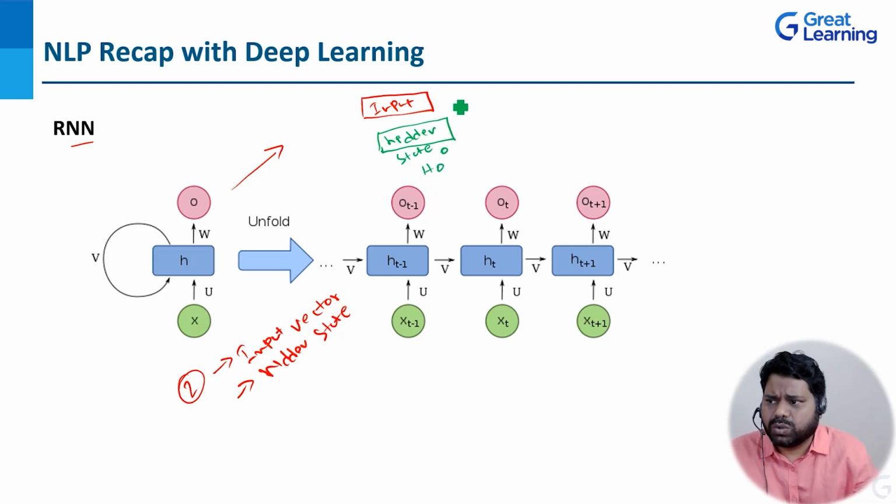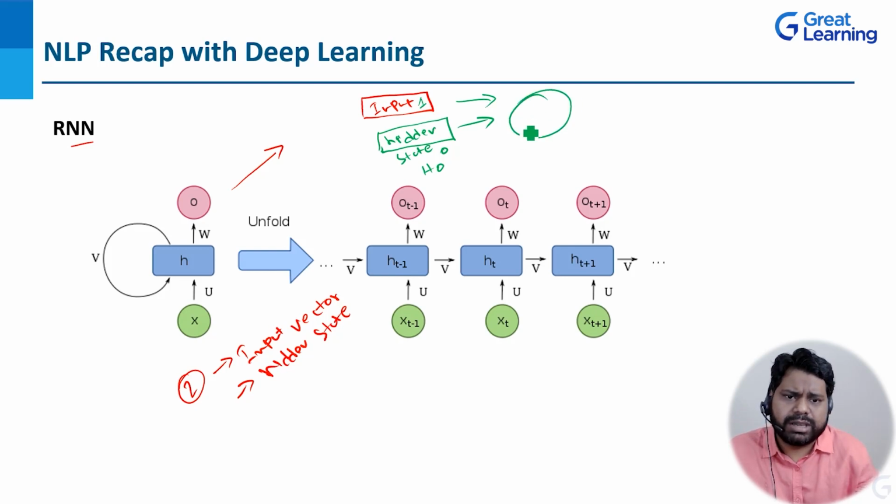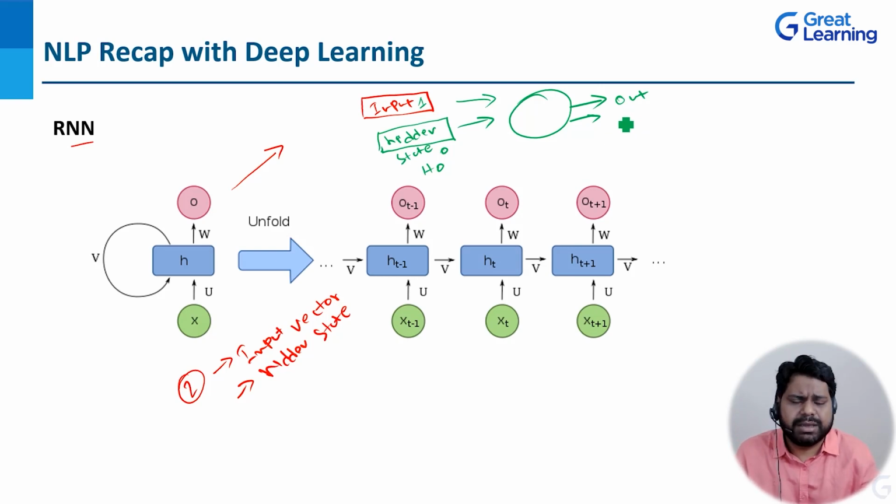This input vector 1 goes to the model, and correspondingly your output will be generated, and your hidden state 1 will be generated.